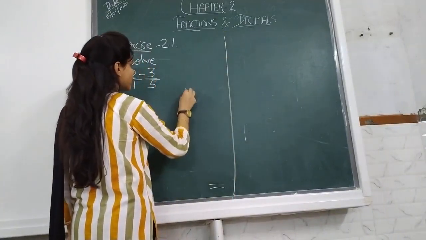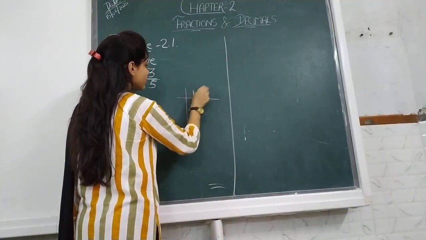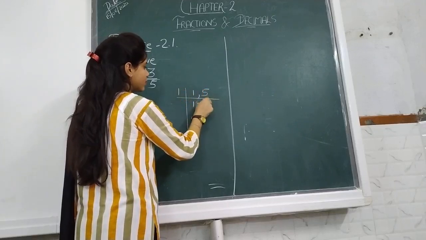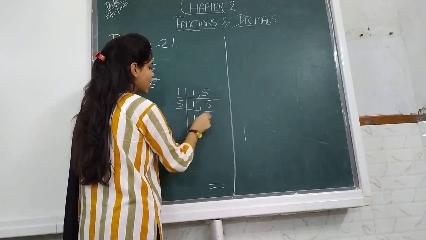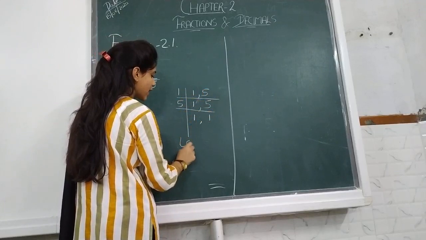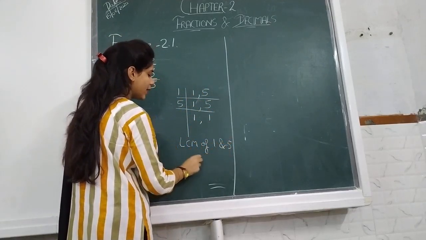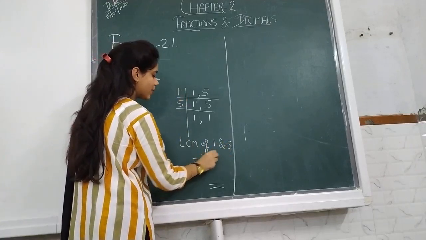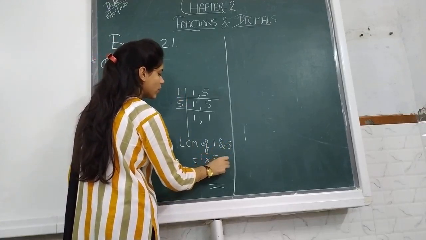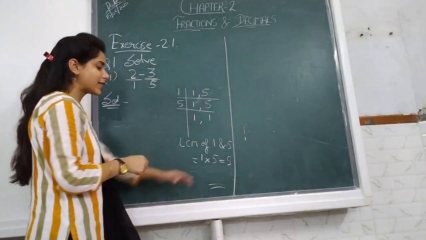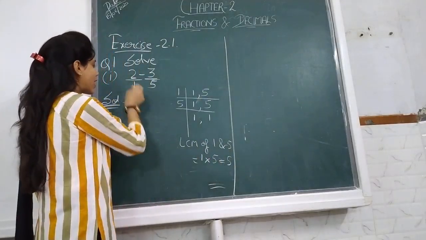Now the LCM of 1 and 5. So the LCM of 1 and 5 will be 5 ones are 5. 1 into 5 will give you 5. Okay? So the LCM of 1 and 5 will give you 5.